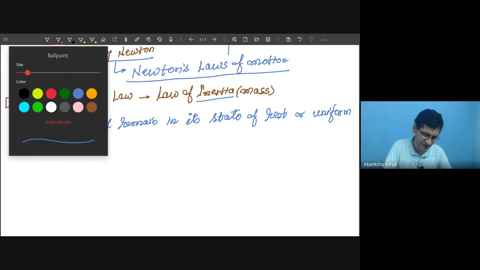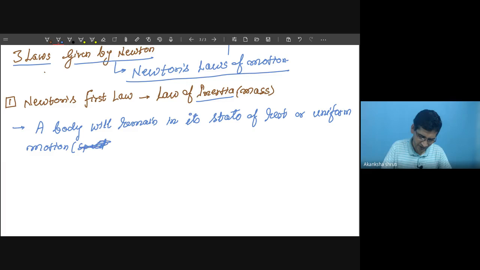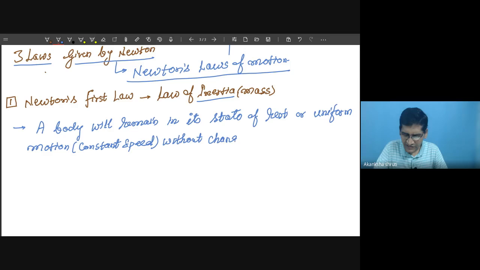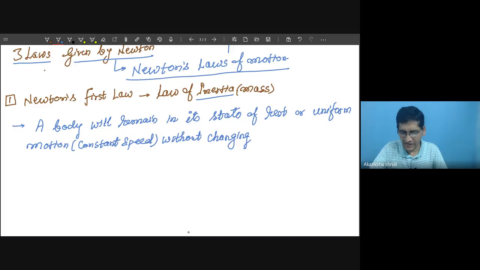It simply means that it is not the velocity, but it is the speed, because for velocity, if there is a change in direction, that can change the velocity. So write, constant speed, uniform motion without changing direction.